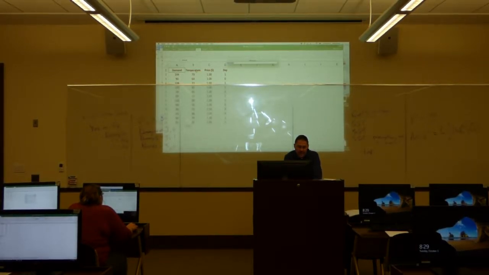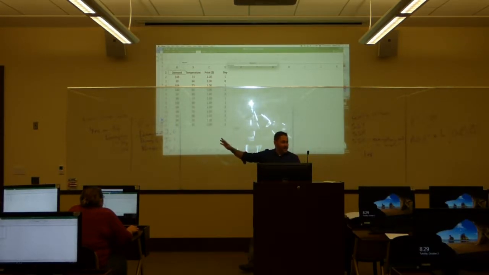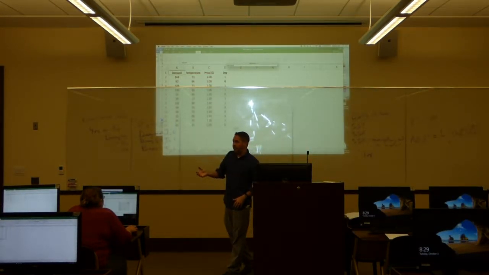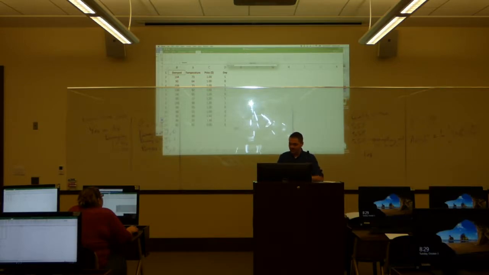For our independent variables, we highlight the 3. Notice I included the day in there as well, this dummy variable. Right? A yes, no question. Is it during the day? 1 for yes, 0 for no. Labels, confidence, output range.